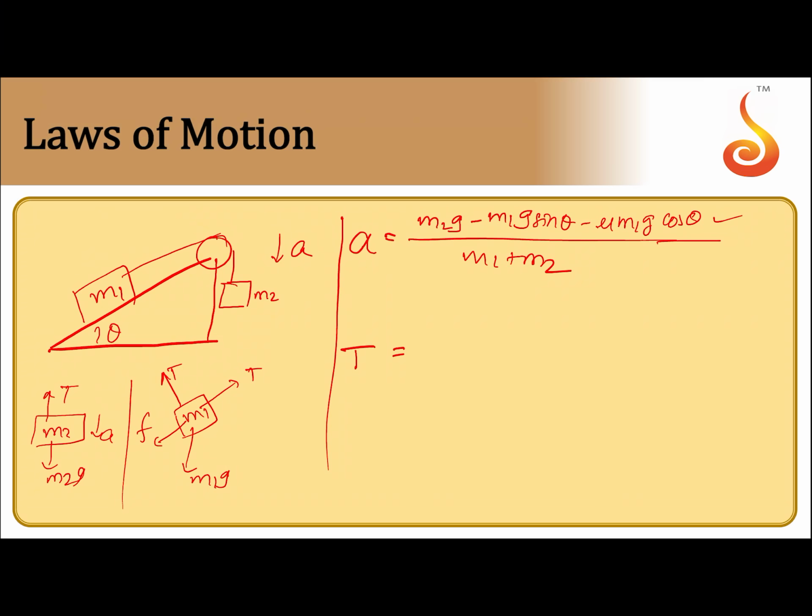The tension in the string is M1 M2 g divided by M1 plus M2 into 1 plus sine theta plus mu cos theta. So, for an inclined plane of this kind, the result is here.